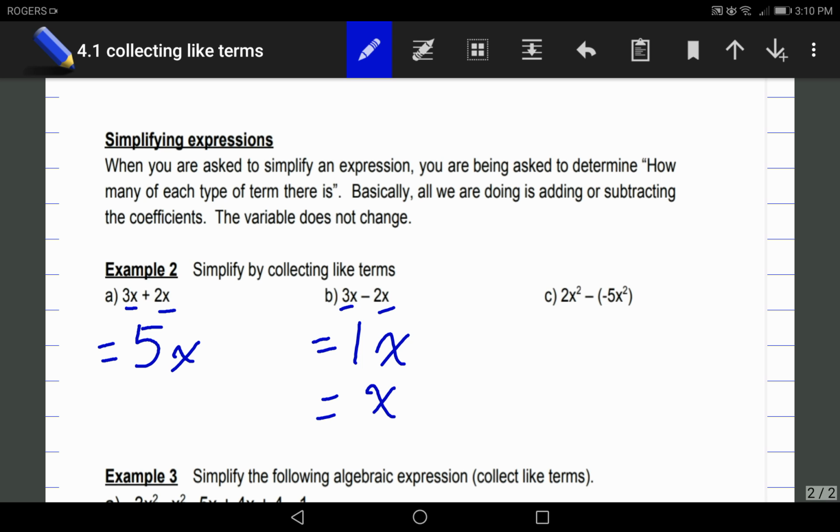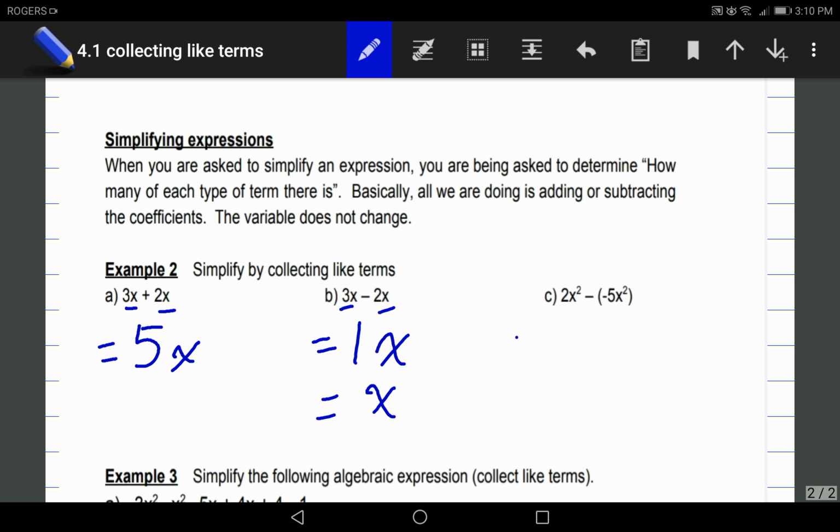So you don't show the 1. If you get an answer that is 1x, you typically don't show the 1 and you just write it as x. Keep that in mind throughout this unit because that's going to come up probably in every lesson.